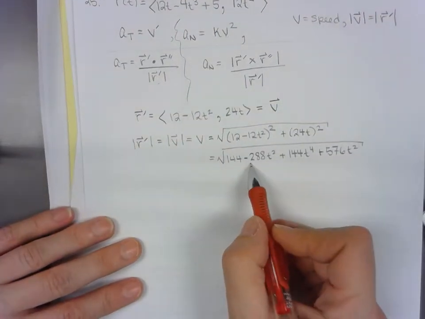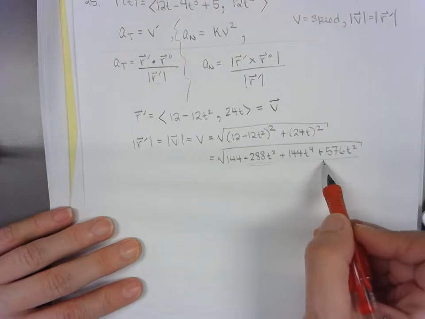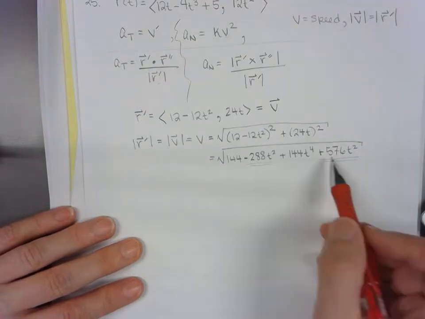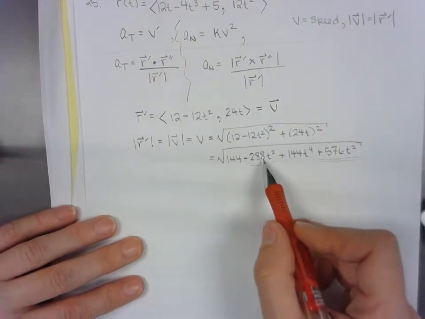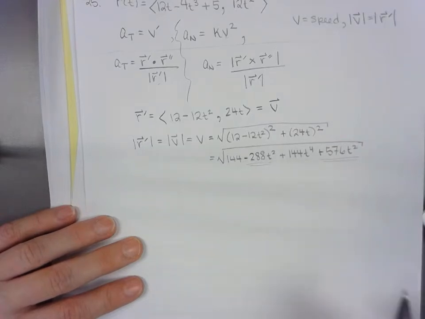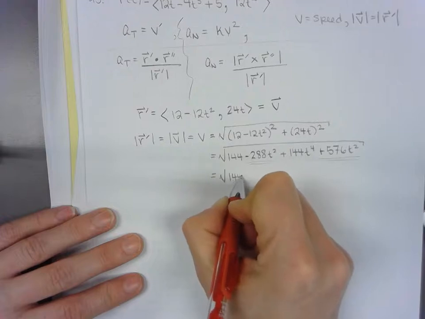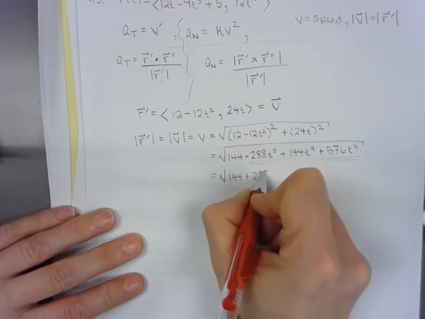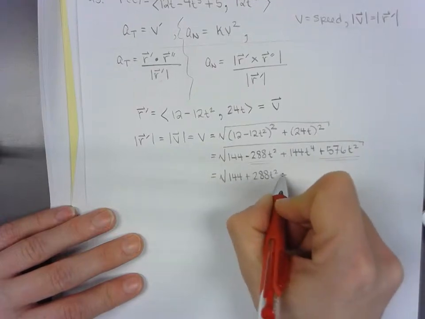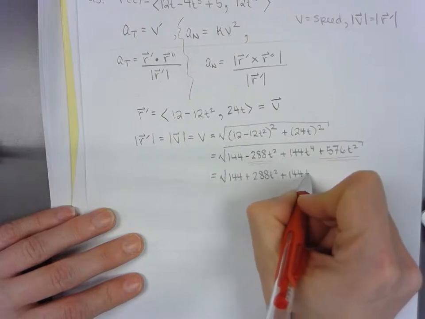So I can combine these two terms, and 288 is half of 576. So you just get 144 plus 288t squared plus 144t to the fourth.